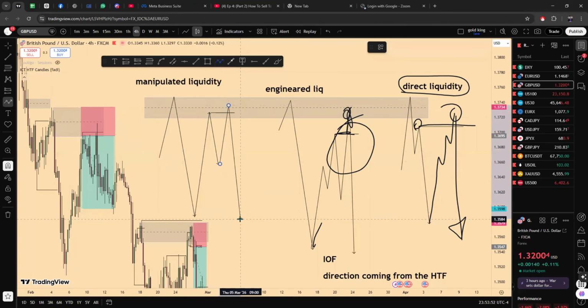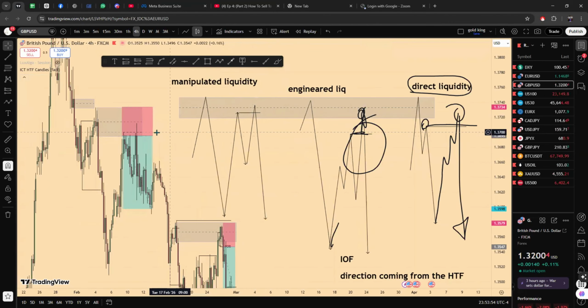It does something like this, and then it moves down, which is what we have here. So this is an example where, remember, the market is always trying to generate that liquidity.